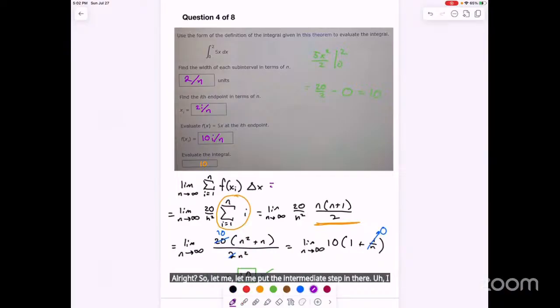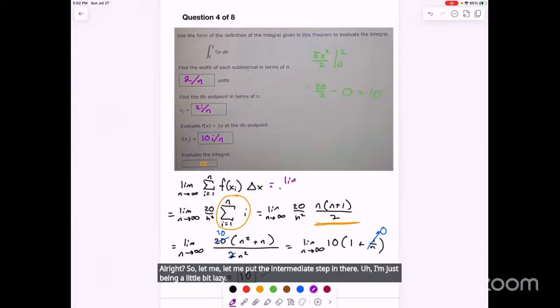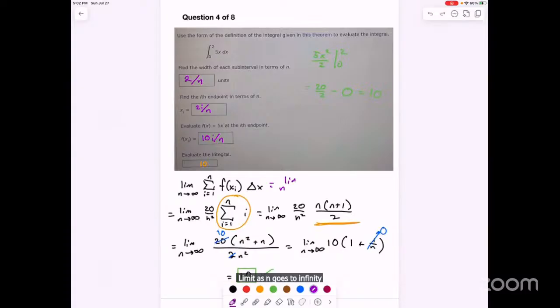I'm just being a little bit lazy. Limit as n goes to infinity, the sum as i goes from 1 to n of my f of x_i, which was 10i over n, times my delta x, which was 2 over n. All right, so that part in purple was the part that I skipped.